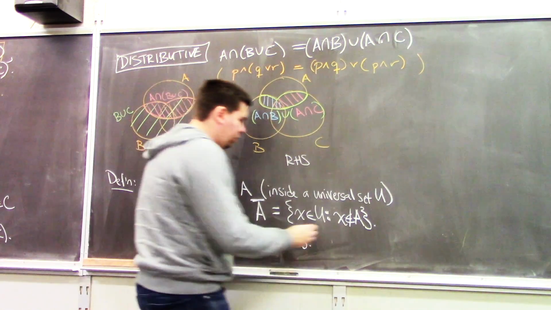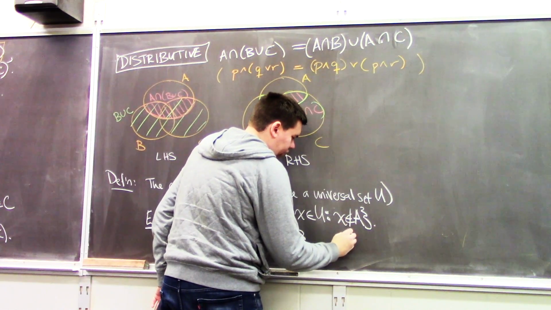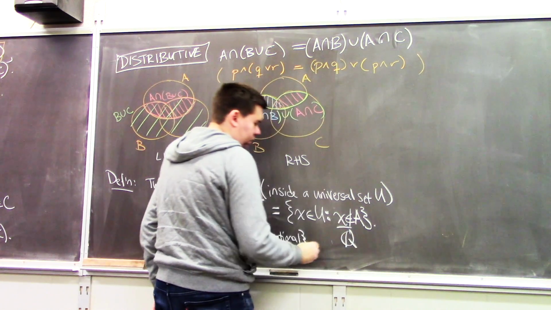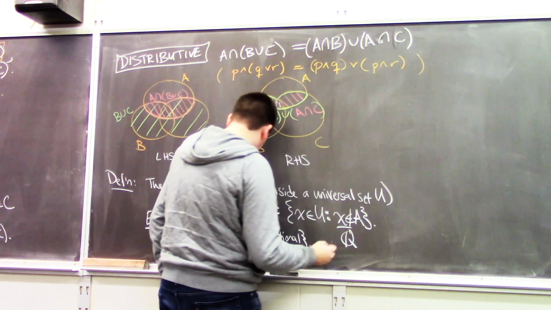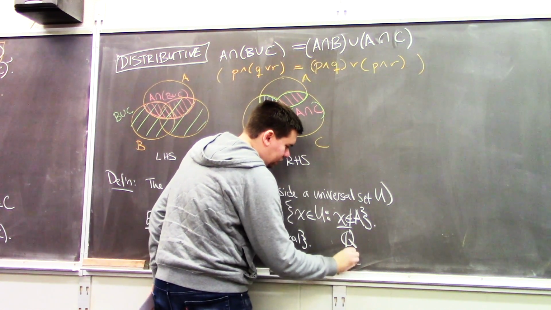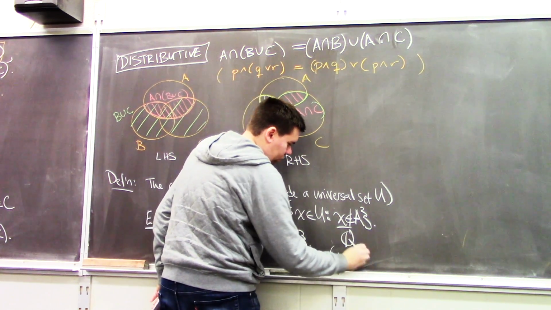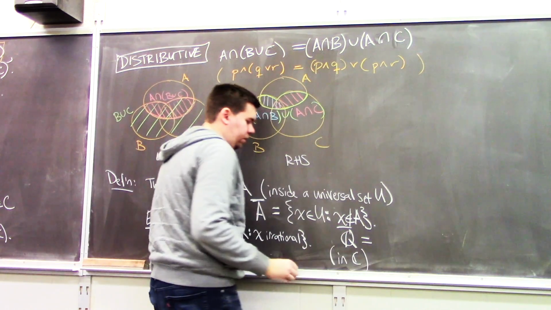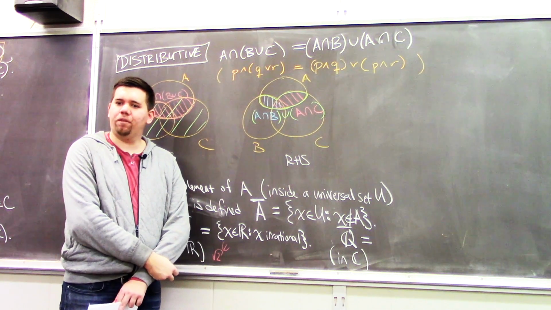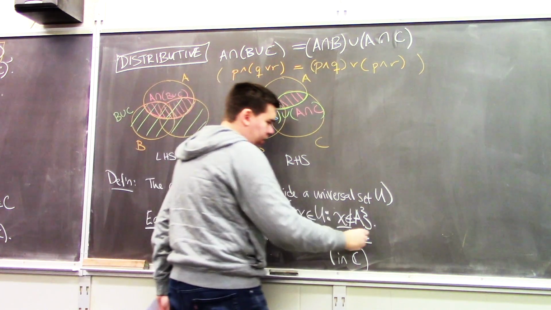However, if I asked you what is the complement of the rationals, bar on top of the Q, but now thought of as inside of the complex numbers, now it's going to be things of the form, well, what would be of the form? So this is in the complex numbers.